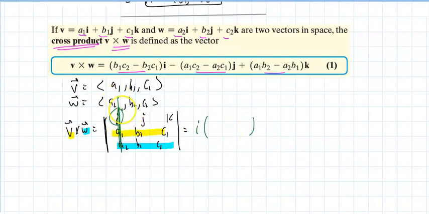and if you remember how this worked, B1, C1 minus B2, C1. And if you remember, the middle will always take a negative. A1, C2 minus A2, C1.